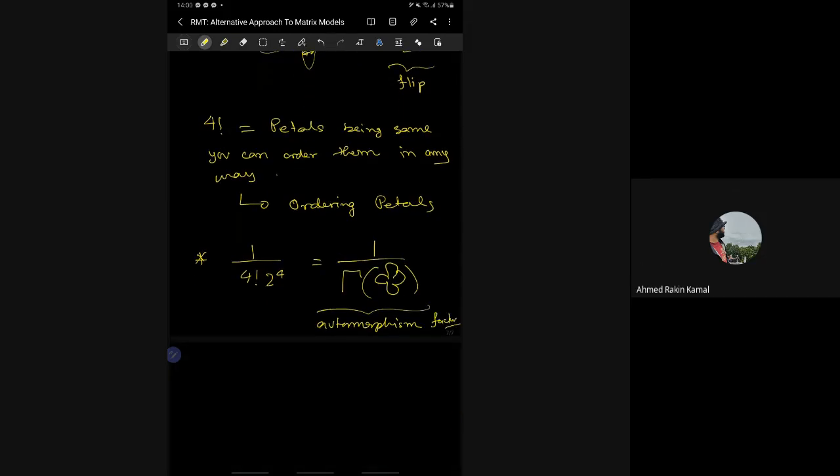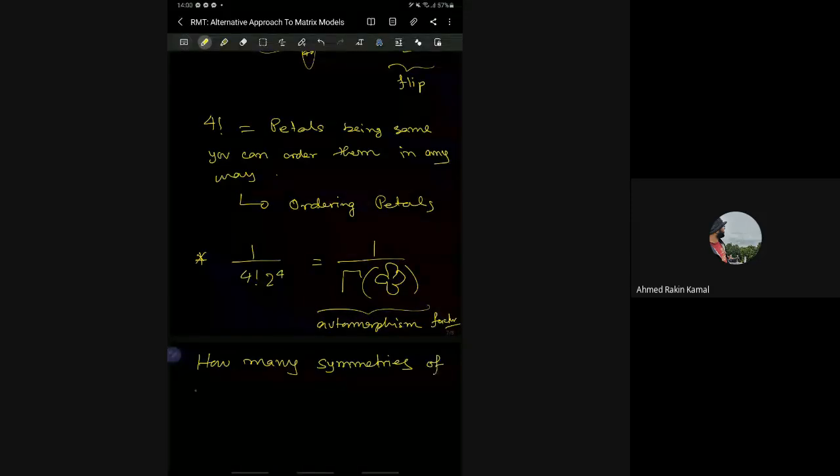The automorphism factor is how many symmetries, or how many operations I can do on this graph and still have the same graph back. So this number precisely tells me that.